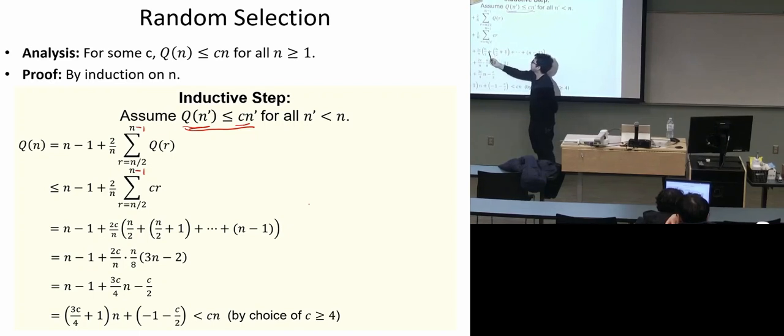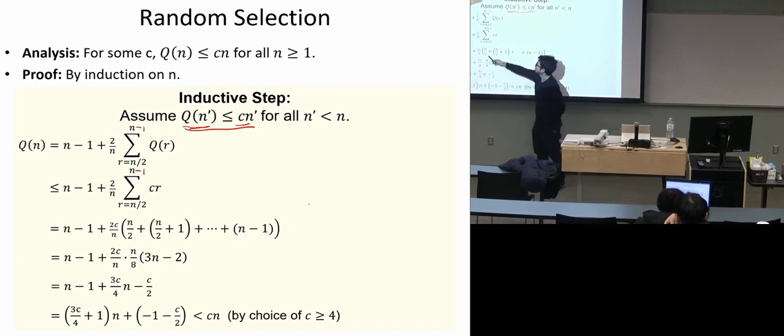The way to think about it is that this is a sum from n over 2 to n minus 1. It looks like something like n squared, right? But you just need to calculate that, and you get something up to here.